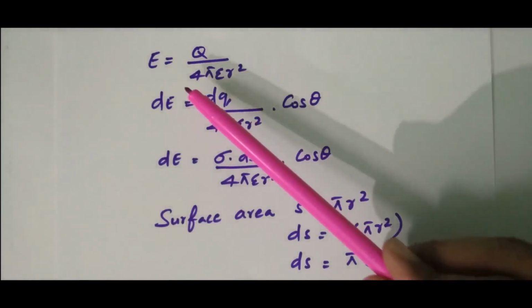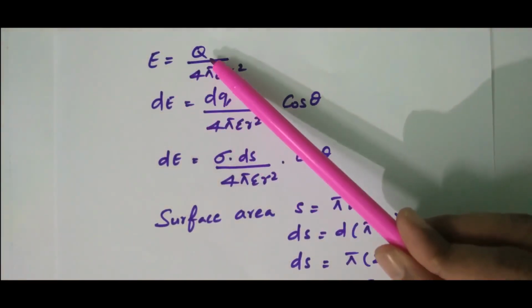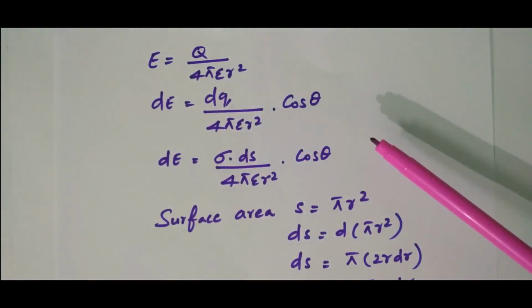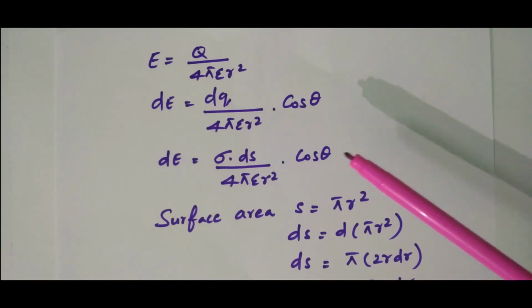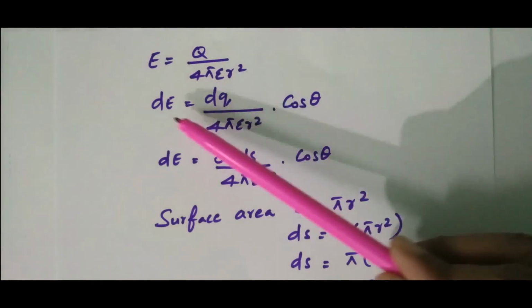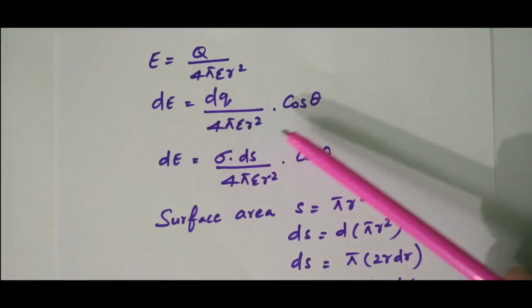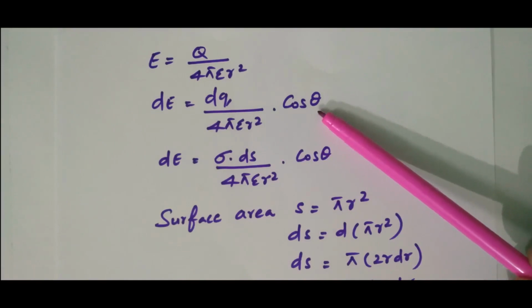Now we'll start with the electric field intensity. General formula: electric field intensity E equal to Q divided by 4 pi epsilon r square. We consider only small charge, so dE equal to dQ divided by 4 pi epsilon r square. Only the horizontal component is available, so it is multiplied by cos theta.